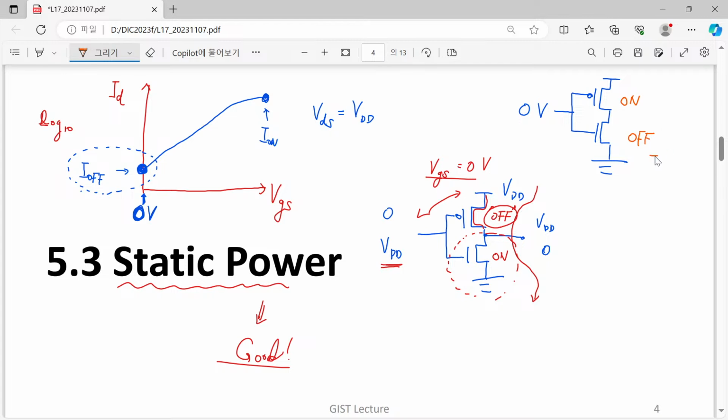So ideally, the drain current in our N MOSFET should be 0. However, you know that it is not exactly 0 in reality, but it is just given by the off current.